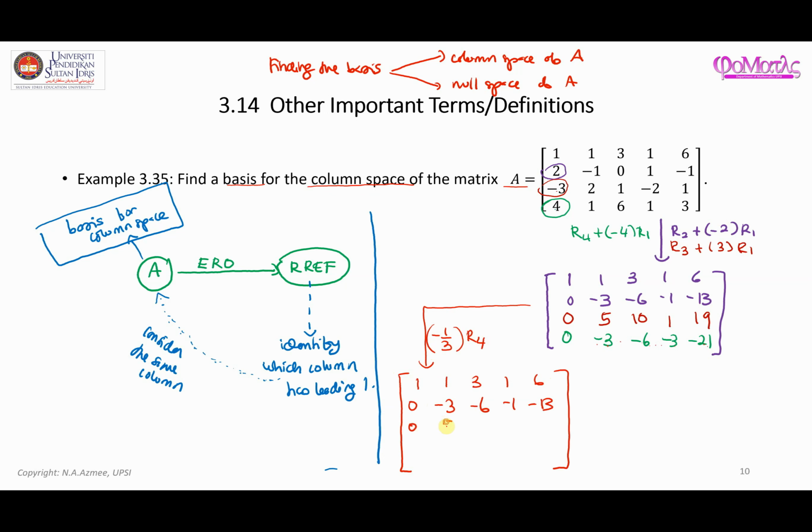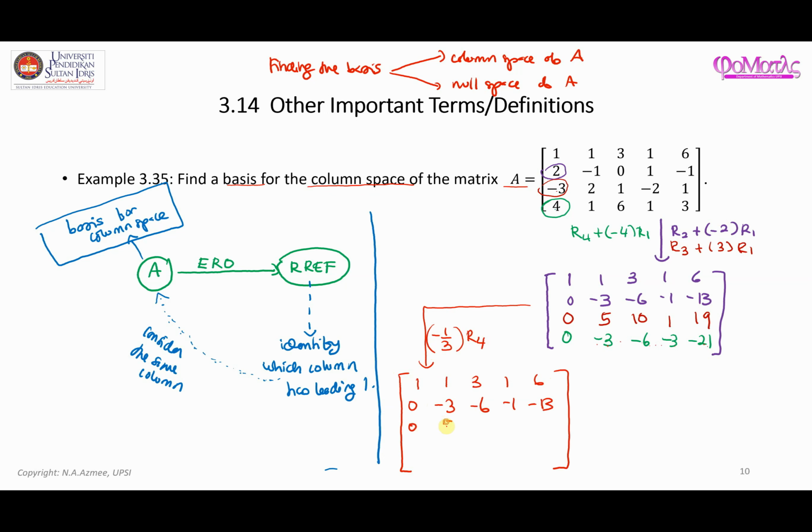So here we will have 1, 1, 3, 1, 6, 0, 1, 2, 1, 7, 0, 0, 0, 1, 4, and here will be 0, 0, 0. Well, 2 minus 2 is 0, 8 minus 8 is also 0. And we're not done yet because we need to show that the matrix here is in RREF form.